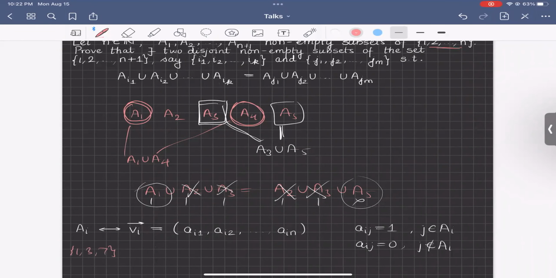For instance, 1, 3, 7 would be 1, 0, 1, and so on, 1 at position 7, whatever the total number of elements is, all zeros otherwise. And we have n plus 1 such vectors.